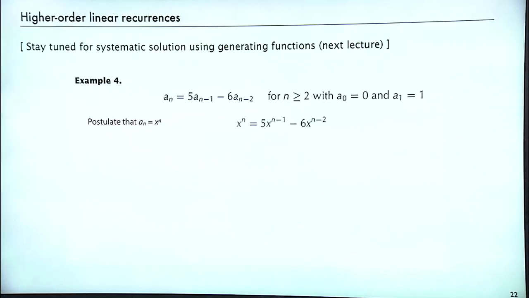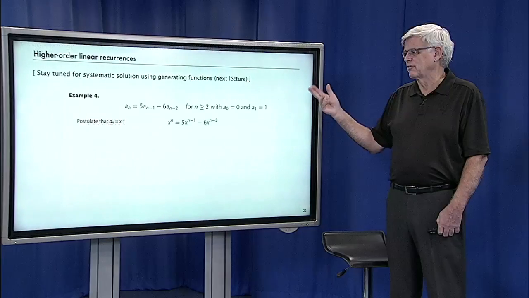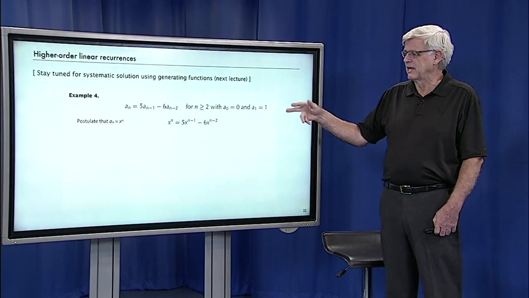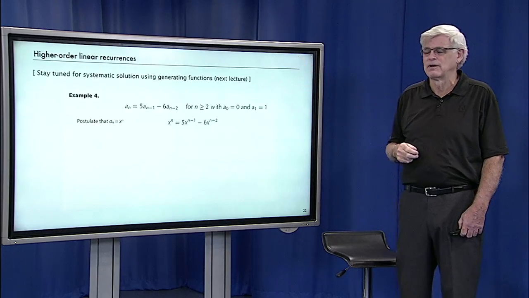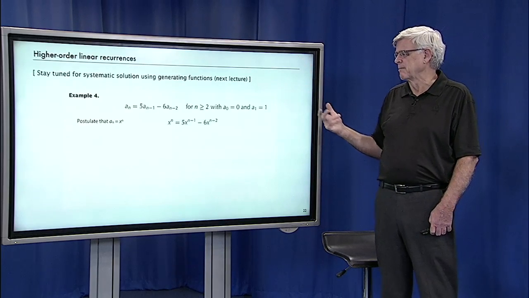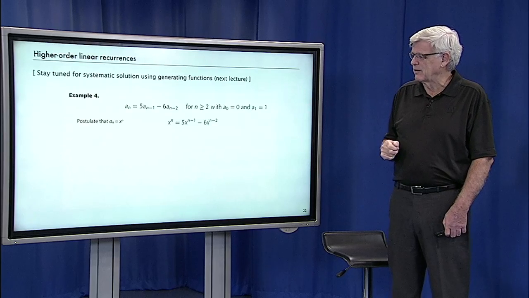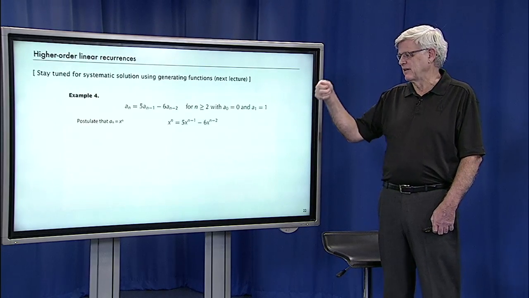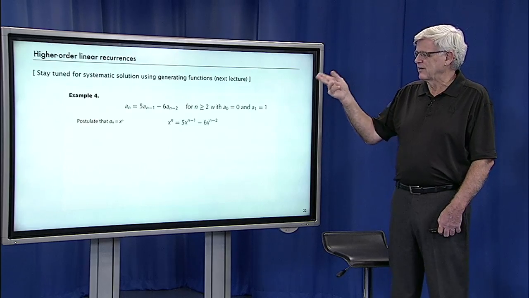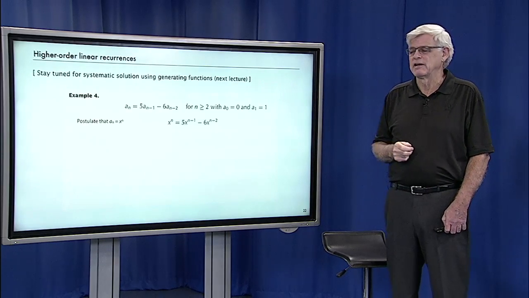So one way to see how such an equation can be solved, and again, this is kind of a magic step, but I'll show next lecture how this becomes systematic, is to say, well, I think that it's going to grow like some number to the nth power. So let's say that a n equals x to the n.